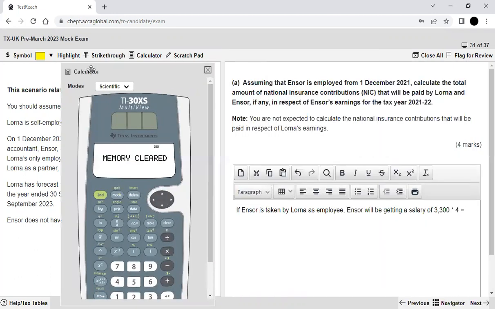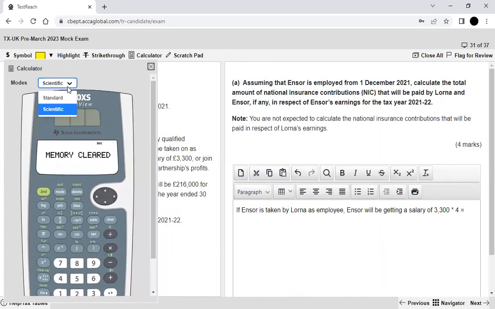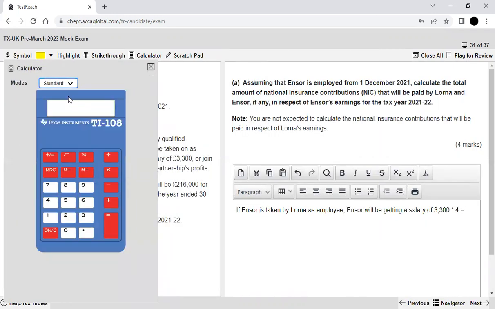So this is the calculator. 13,200 in the fiscal year 21-22.